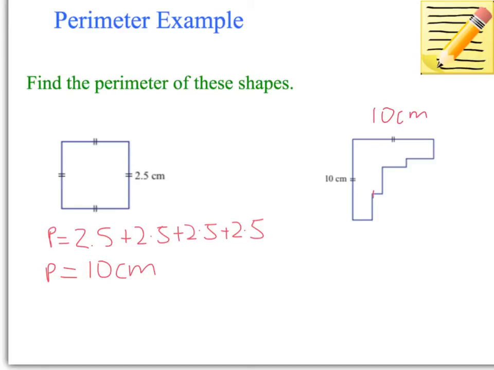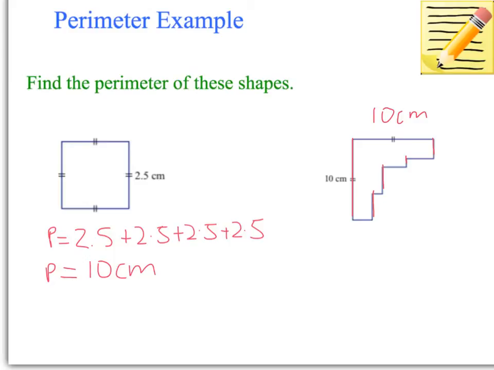If you have a look at this one here, what do you notice about the length of all those lines? Well, if you were paying attention, you can tell that they actually add up to the length of this side. So those lines would equal 10 centimetres.